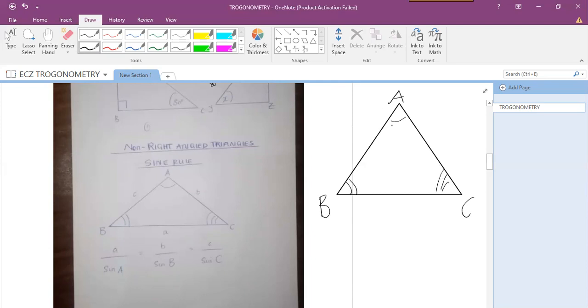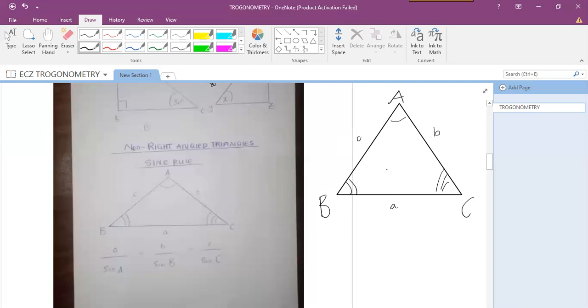So this angle can be called big letter A. This angle here, on B, is big letter B. This angle here on C, right at the edge of C, is called big letter C. So we can name the angles as angle A, angle B, and angle C. And if you follow this side there, you can say this is small letter c. You follow this side downwards, this is small letter a. And you follow this side, this is small letter b.